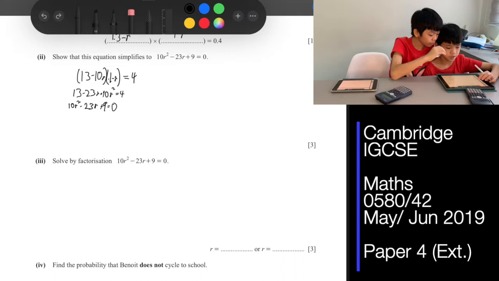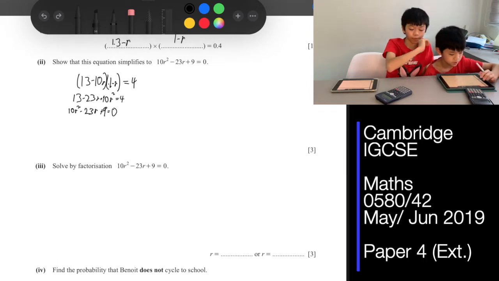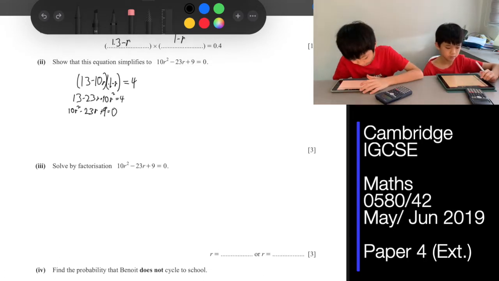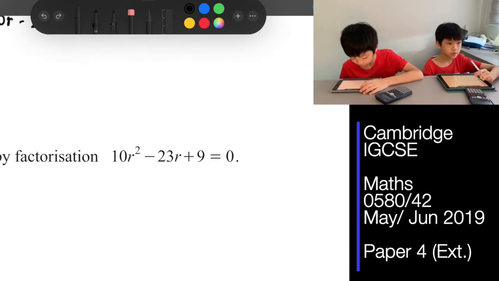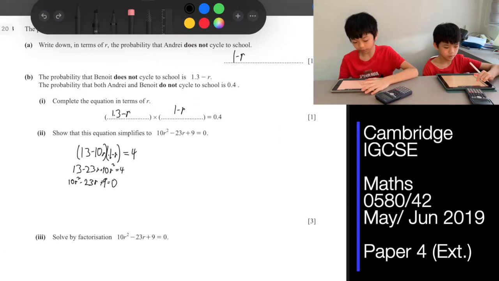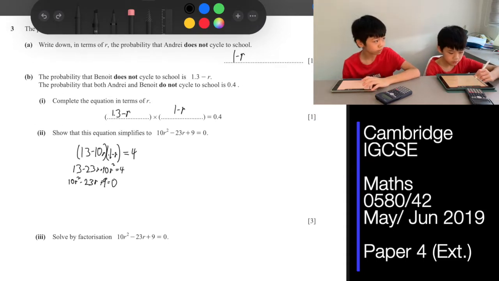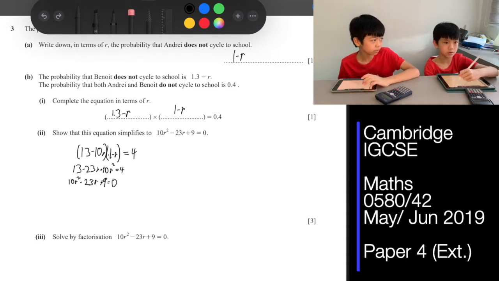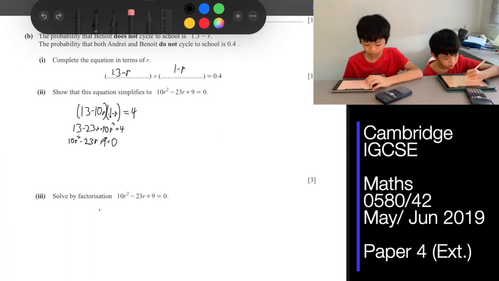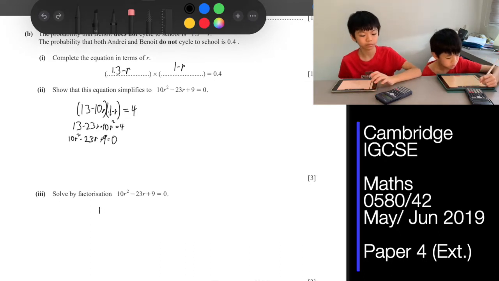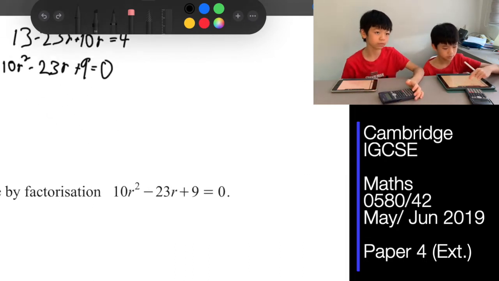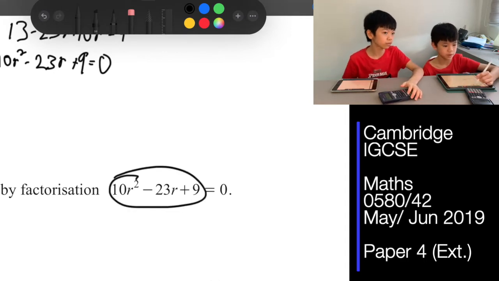For our next question, we need to solve by factorization 10r squared minus 23r plus 9 equals 0. So first we take this equation. We'll just simplify this into double brackets.